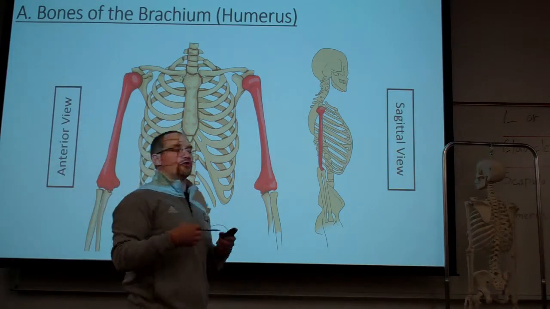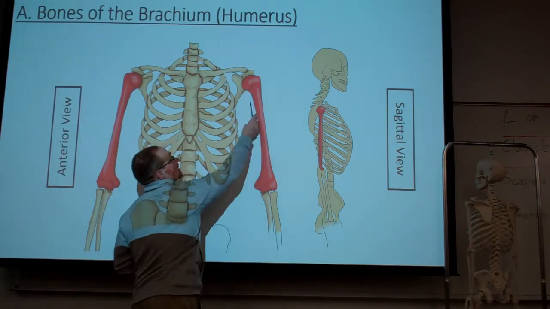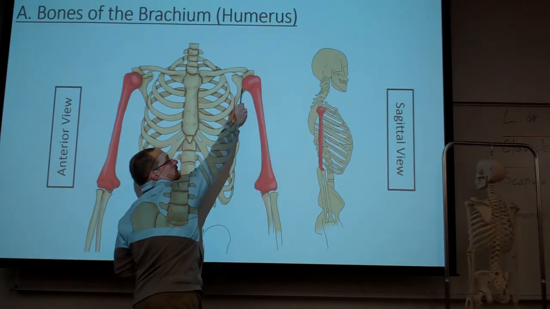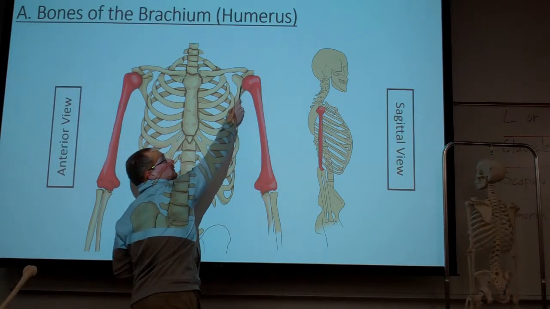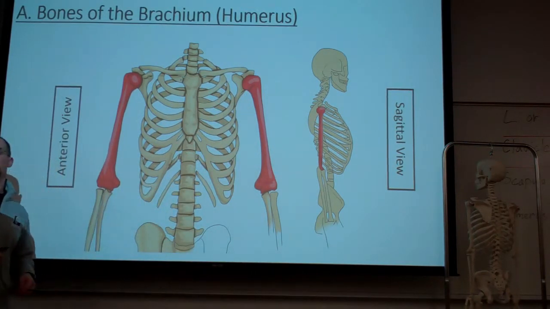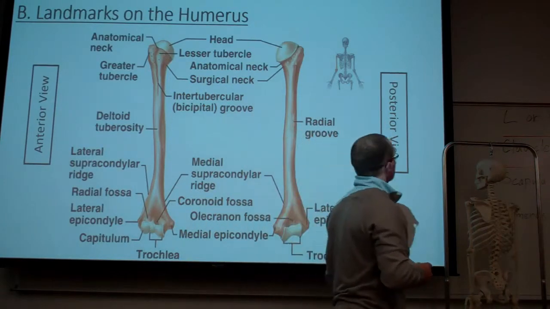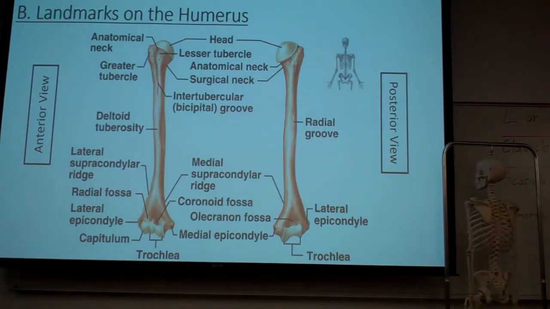When we talk about the shoulder joint, most times we're talking about where the humerus articulates with the scapula. So this is considered more the shoulder joint. Clavicle and scapula, though, are more considered the shoulder girdle. So let's talk about those landmarks on your humerus.